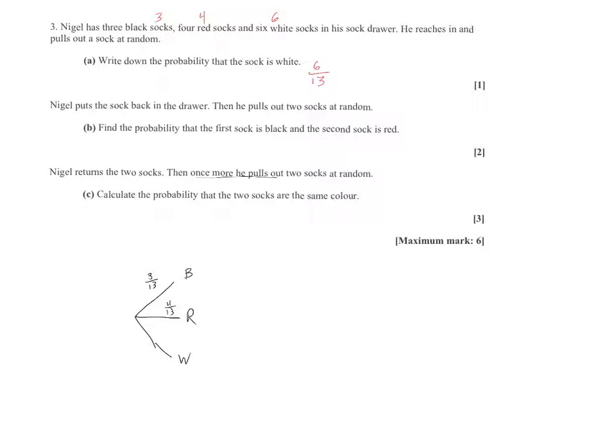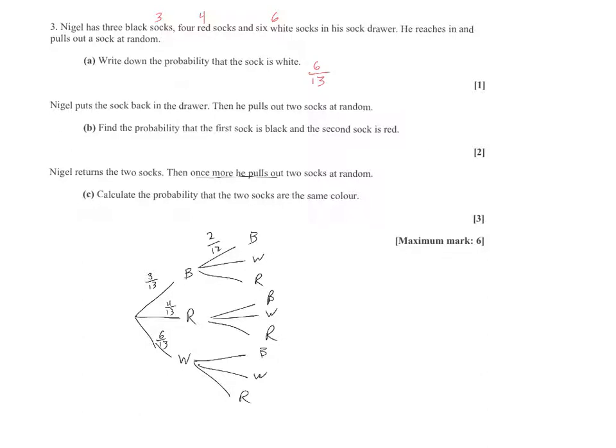And the white would be 6 out of 13. And then from there, it could go black, white, or red for each branch. Then you can fill in these. Right now there's only 12, and there's only 2 blacks left because you already took one of them.